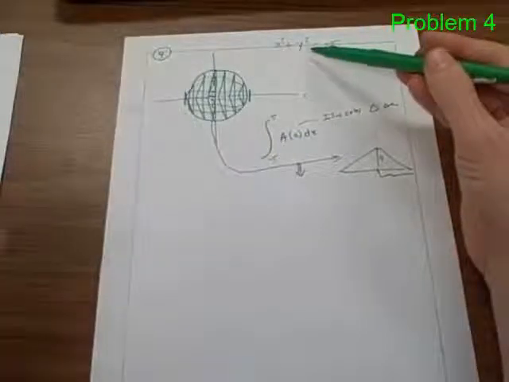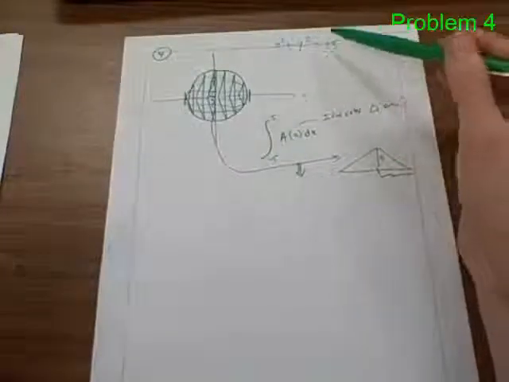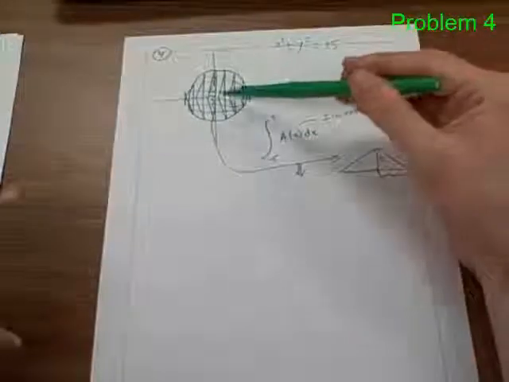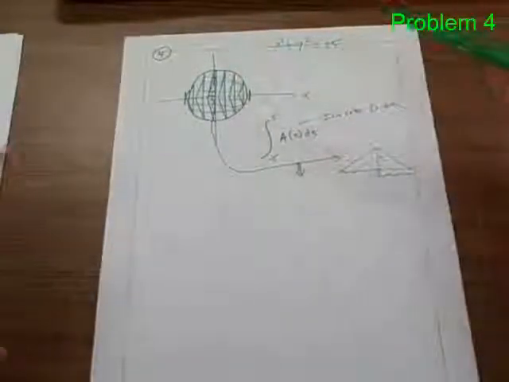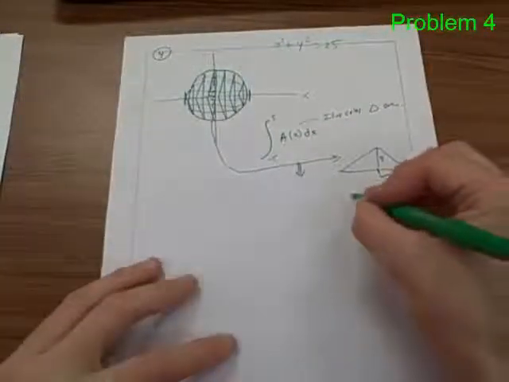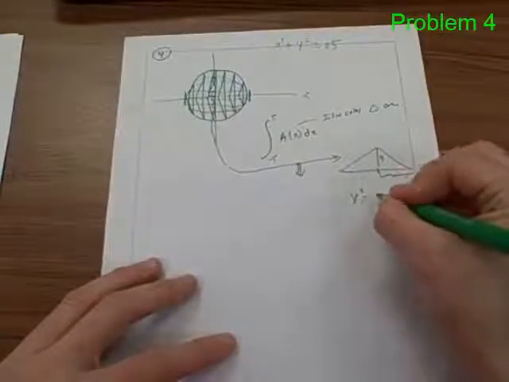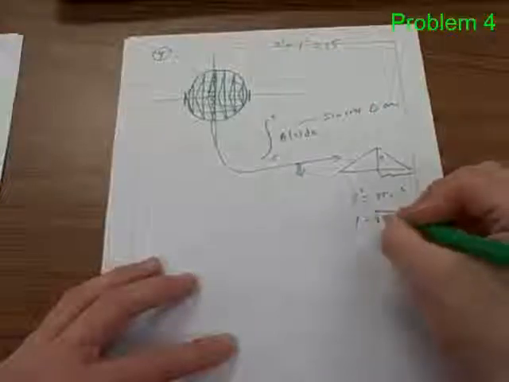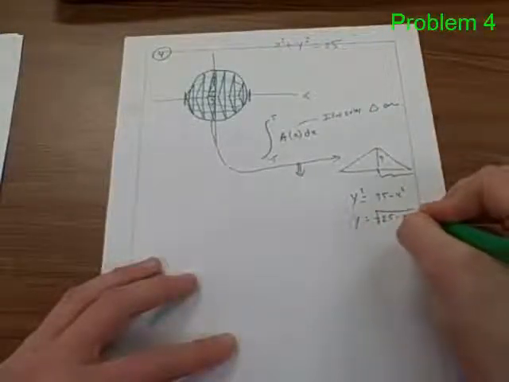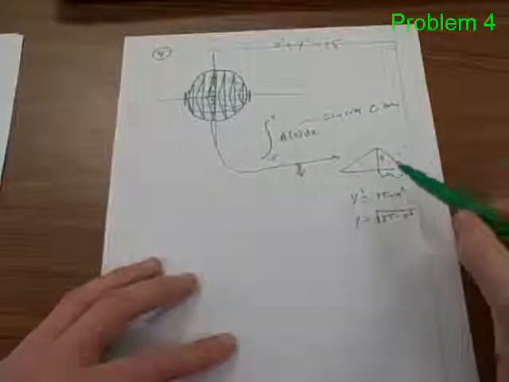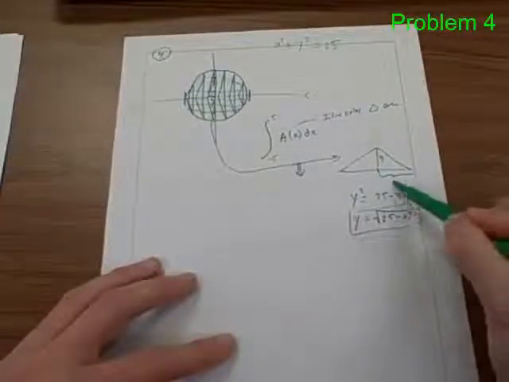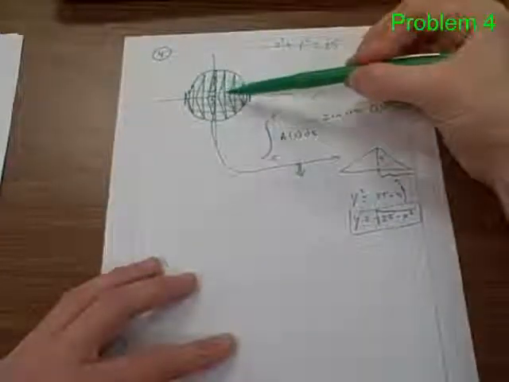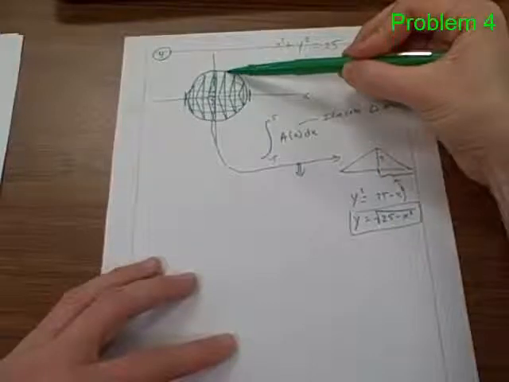So if you wanted to figure that out, we could solve our equation for y, because that's what we're trying to figure out, the y value here, the height. So if I solve it for y, I've got y squared equals 25 minus x squared, or y equals the square root of 25 minus x squared. So that's what describes this distance from the x-axis to the top of the curve.